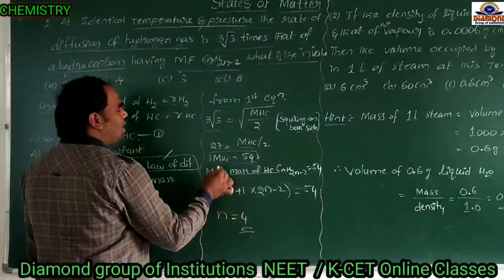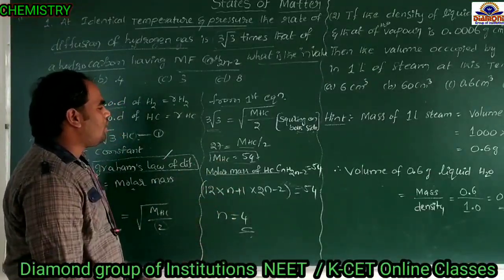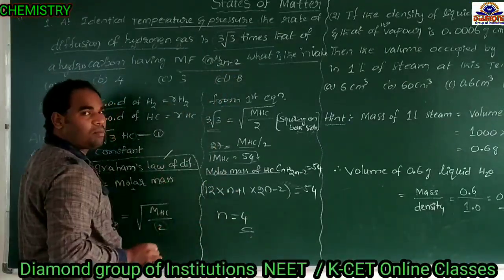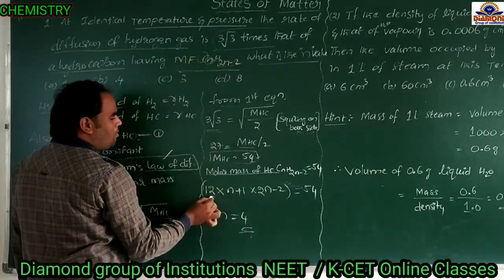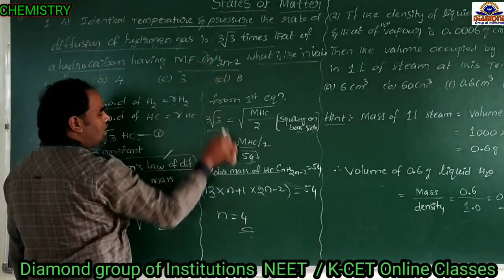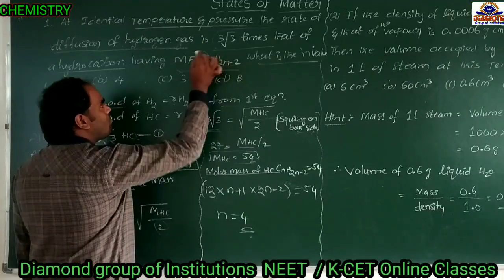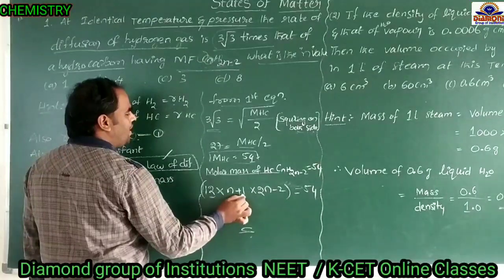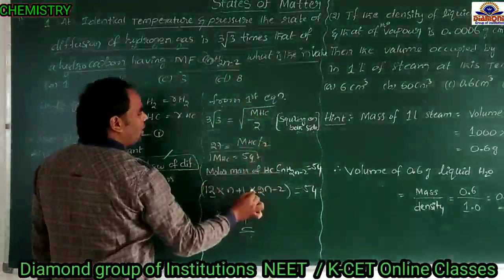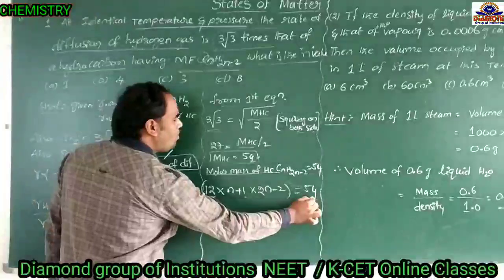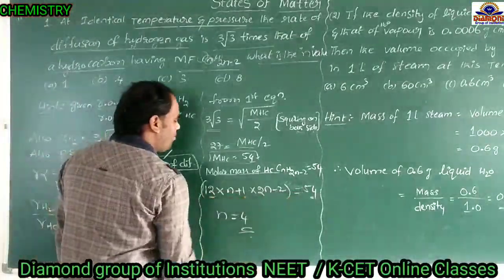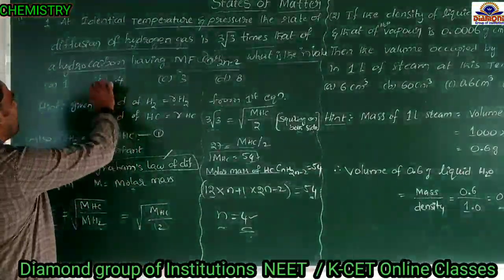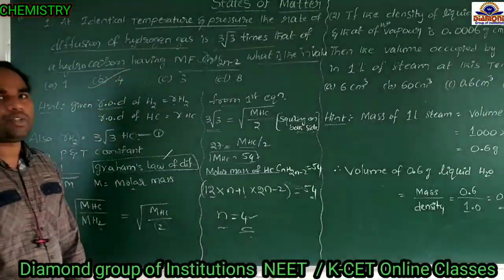We already know one carbon has mass 12 and one hydrogen has mass 1. So 12 into n plus 1 into 2n minus 2 equals 54. From this simplification, we get n value as 4. So what is the n value here? 4. That is answer B.